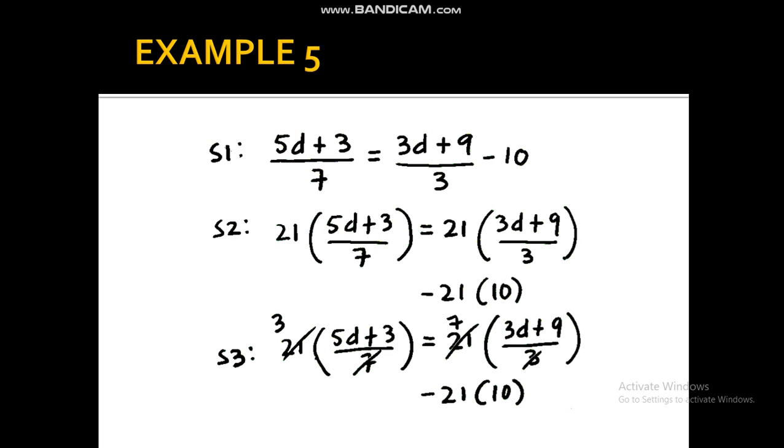Step 5, okay, I have here another linear equation that is given in step 1. In step 1, we have the denominators 7 and 3. The least common multiple for these numbers is 21. So in step 2, I multiply that least common multiple to each term of the equation. Step 3, I cancel the common factors in the numerators and denominators.